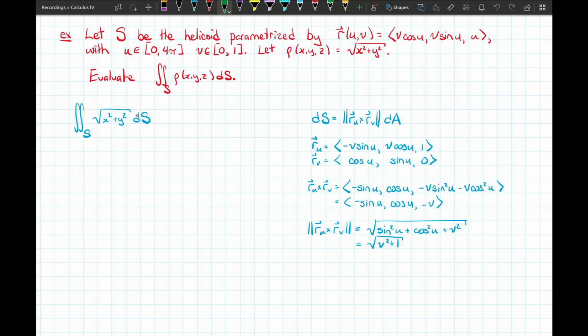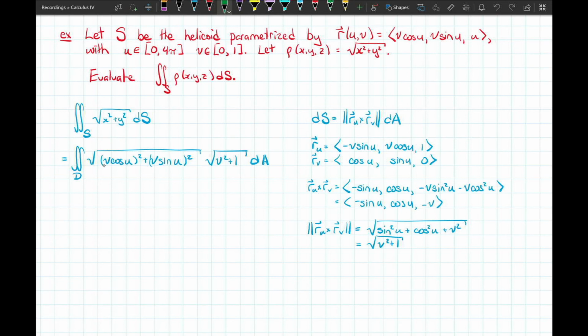Now we're ready to turn this surface integral into a double integral. We'll also have to plug in our parameterizations of x and y equal to v cosine u and v sine u respectively. Plugging all of that in, we now have a double integral over the parameter domain D, which is given in the question. So we're just about ready to turn this into an iterated integral, but we should simplify this nicely.